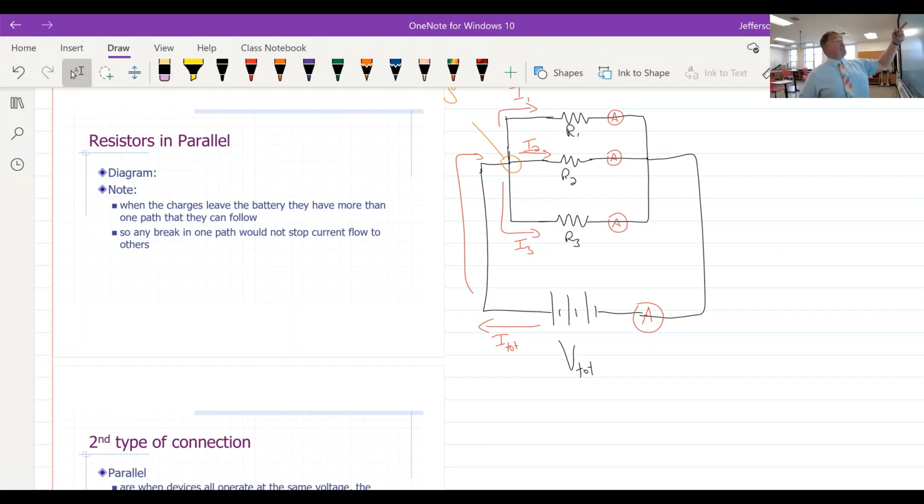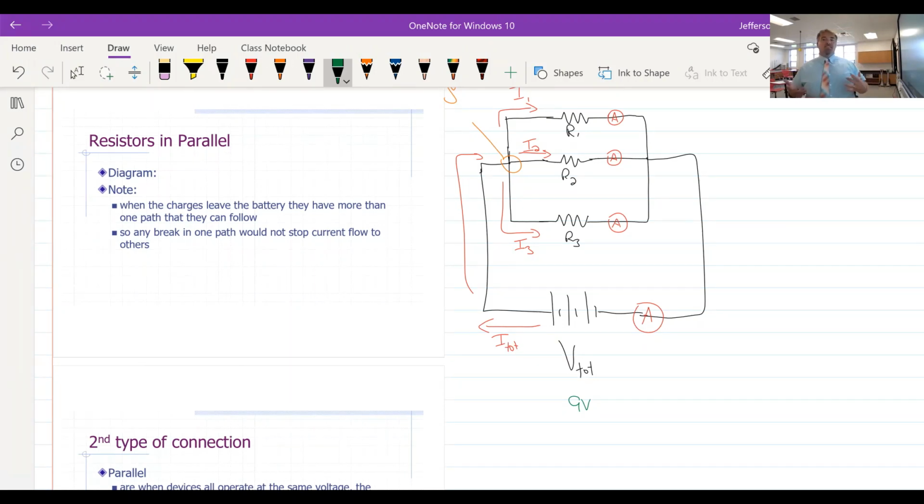So it doesn't matter if you go through R1. Let's say we do 9 volts when we go across the battery and gain it. If you go through R1 and come around, you have lost 9 volts. But wait, what if instead you go through R2? You gain 9 volts going across the battery, go across R2 and come back around? You still have lost 9 volts.